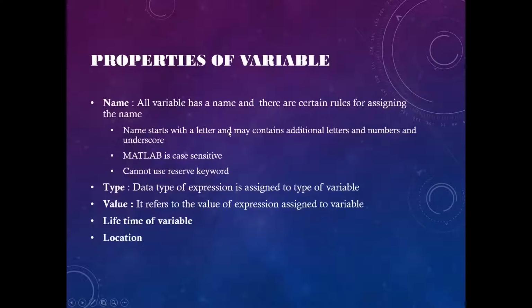Okay, the main properties of the variables. The first one is name. All variables have a name and there are certain rules for assigning this name. The common rules are: the first one is the name must start with a letter. It can contain numbers, but it should not start with a number.